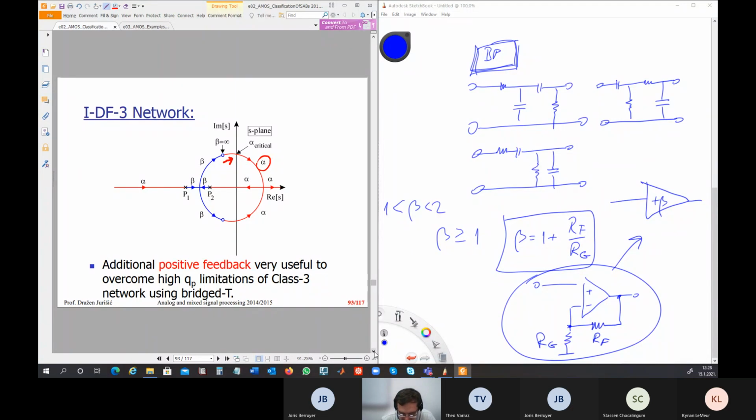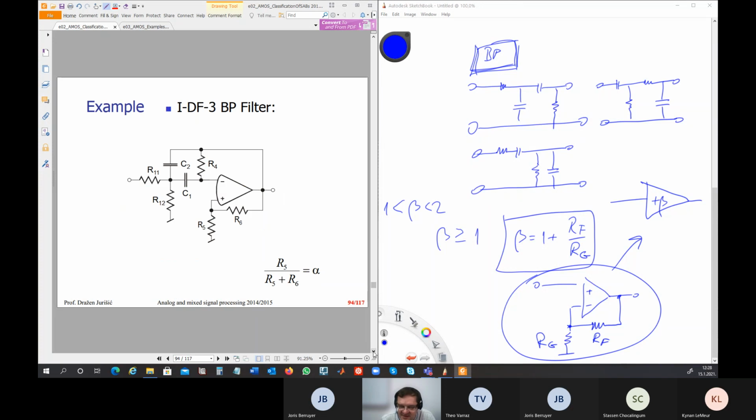So we can say the additional positive feedback is very useful to overcome high Q limitations of class 3 networks. That's finally a good and well-known filter. So if you remember, I was telling you before that R4 to R1 or C1 to C2 must be 1 million if you want to have big pole Qs. But now if you add these two guys, then you don't need to do it.